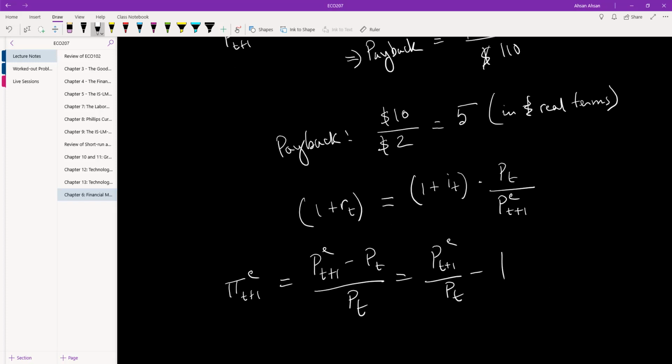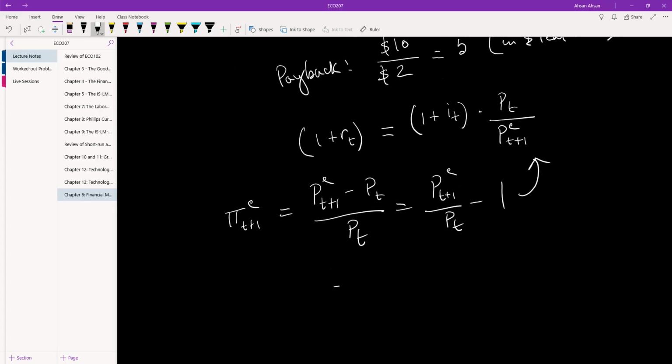And if we plug this into this equation right here, what we are going to get is 1 plus rt equals 1 plus it divided by 1 plus expected inflation at t+1.